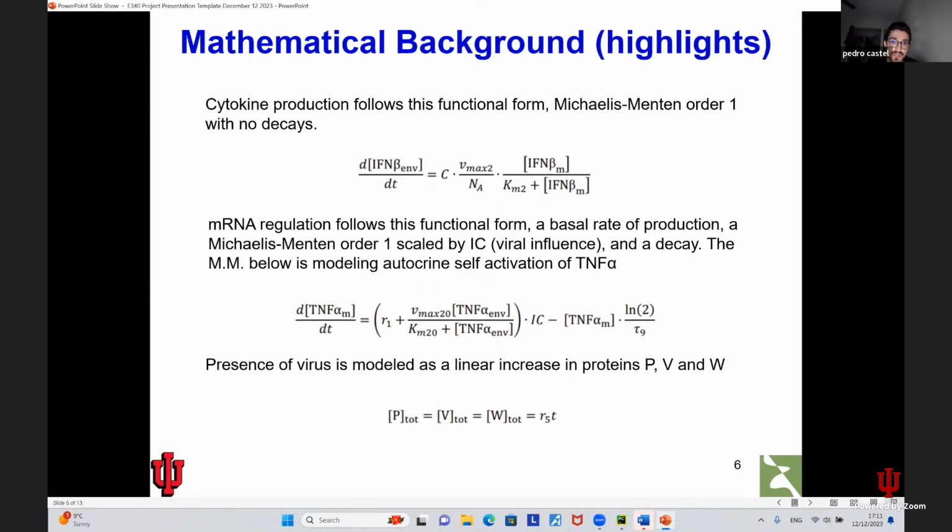There is no decay here, which means interferon beta in the environment is produced and keeps growing to infinity while you have any level of interferon beta mRNA. If interferon beta mRNA is 0, you keep interferon beta in the environment at a constant value, sorry.